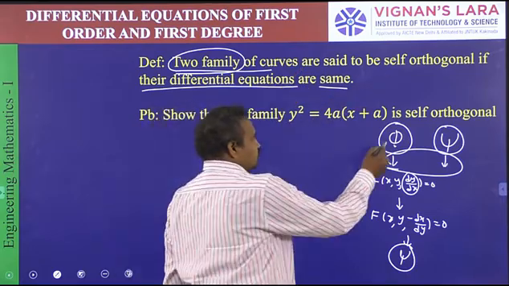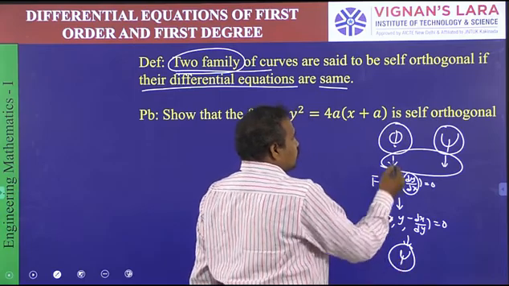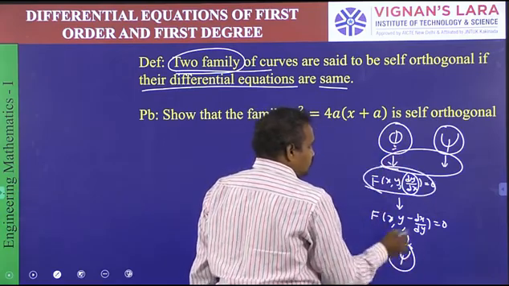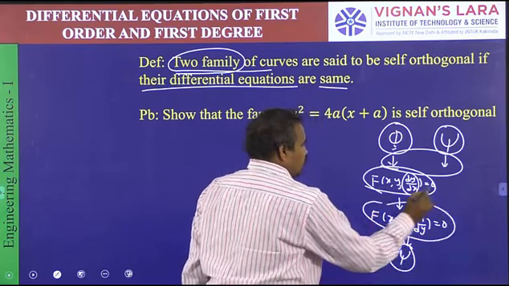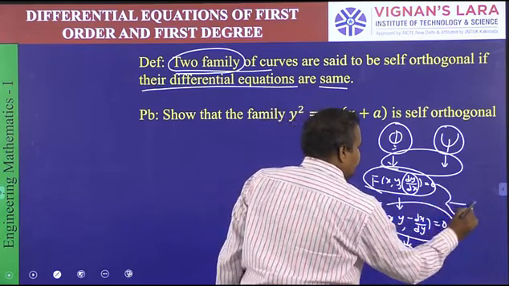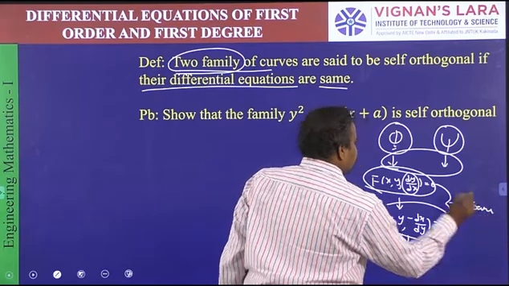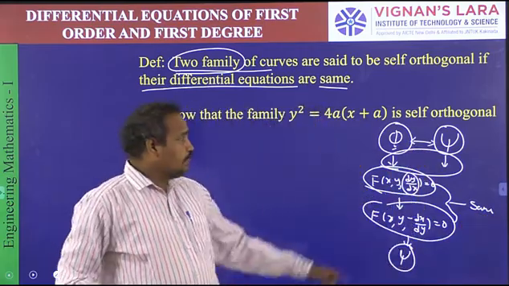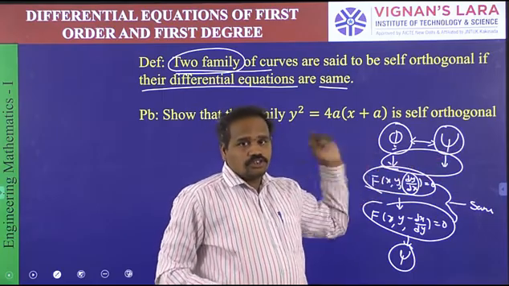So here this is one family, this is another family. The differential equation of this family is this one, and the differential equation of this one is this one. If these two are the same, then this family is said to be self-orthogonal to this family, and this is orthogonal to this family.